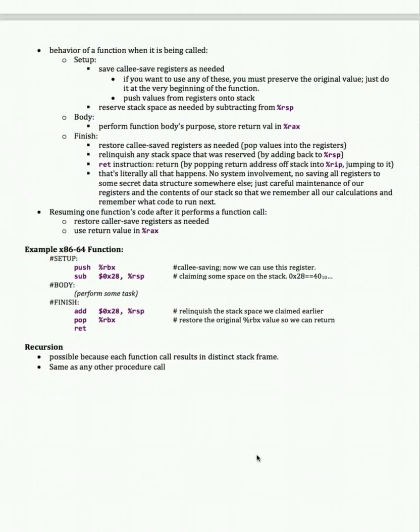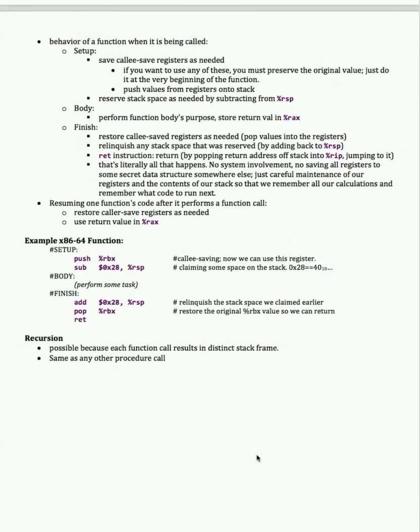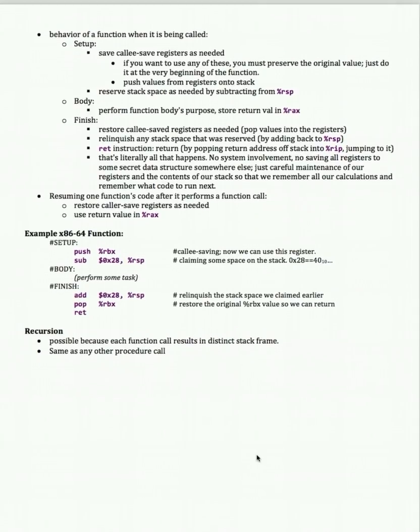Let's move on. So what happens at the callee function? The first step that the callee function goes through is the setup, where it first saves callee-saved registers as needed. The callee-saved registers need to be preserved by the callee, which is function B, right?